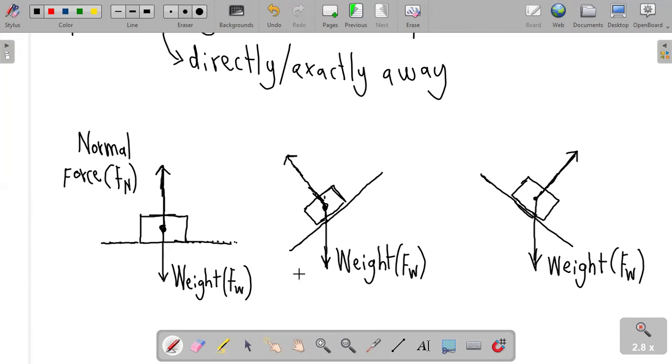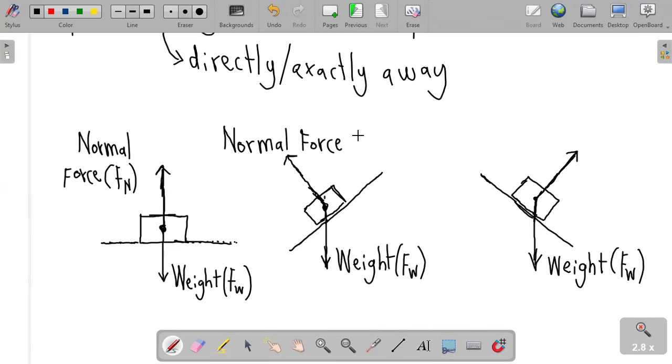That's how the normal force is different from weight. Weight does not depend on the surface. Weight is always straight downwards like this. It goes straight down and it does not depend on the surface where the object is.